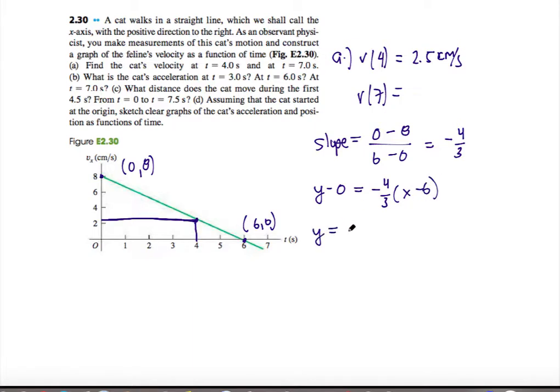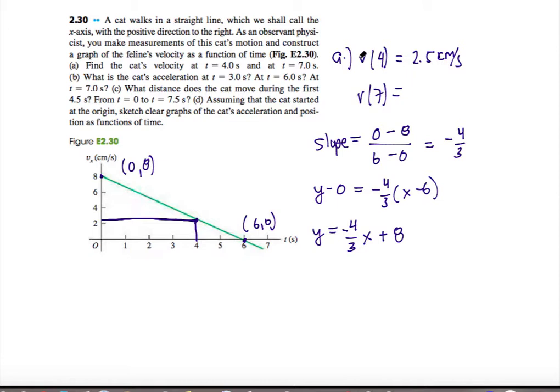So if I put this into slope-intercept form, which is typically more useful for us, we have negative 4/3 x minus 8. Or I'm sorry, plus 8. So here's my equation. So I can actually go back and double check my work for what I wrote before.